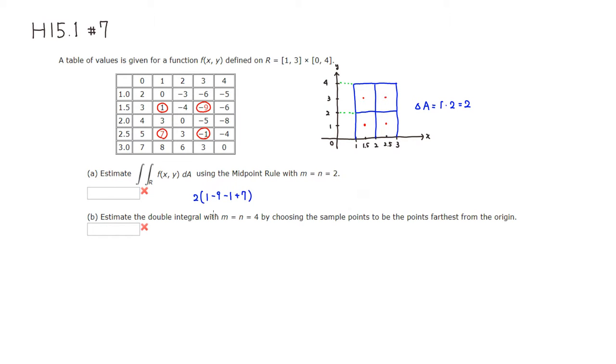We can cancel positive 1 and negative 1. So negative 9 plus 7 is negative 2, times 2 is negative 4. So the value is negative 4.